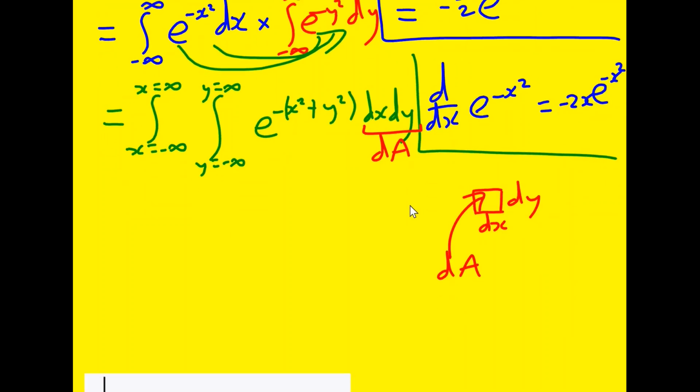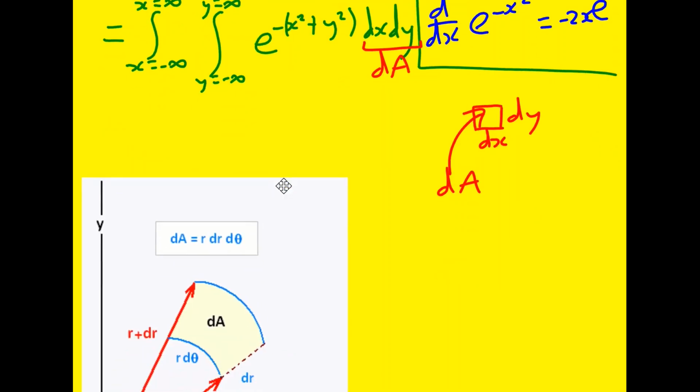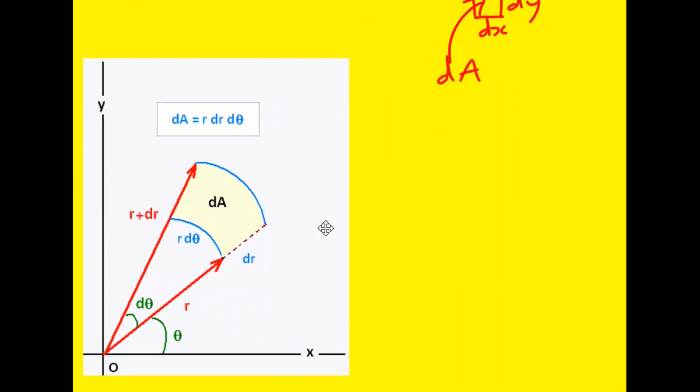And what I can do is, instead of using a Cartesian coordinate system where I go x along and y up, I can actually change my coordinate system. So I can pick a coordinate here, which is x, y.